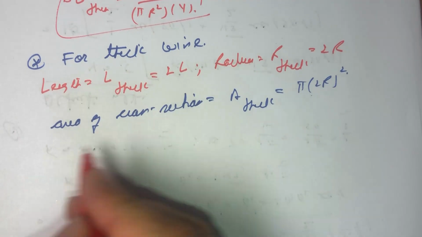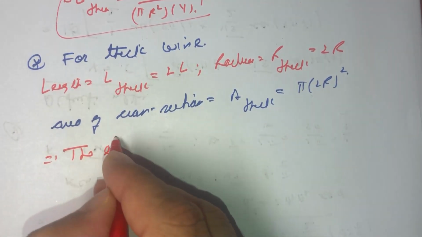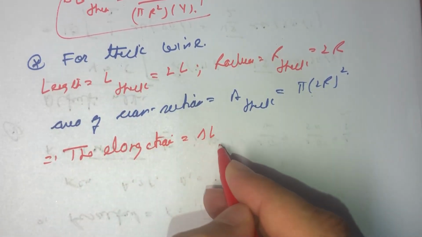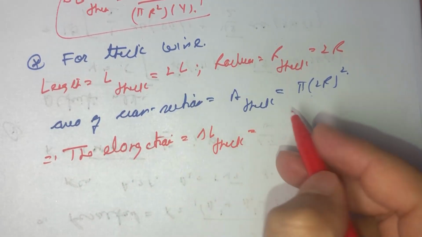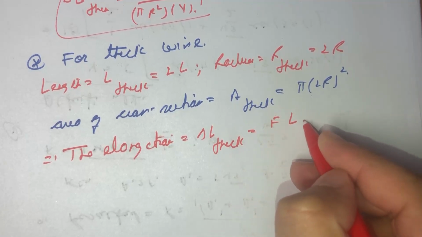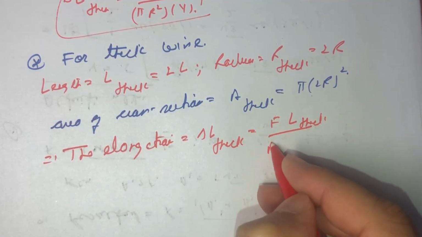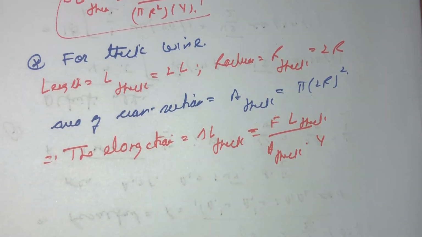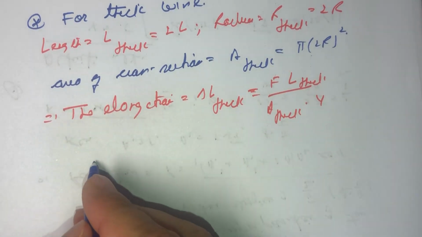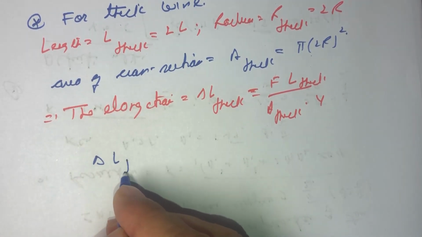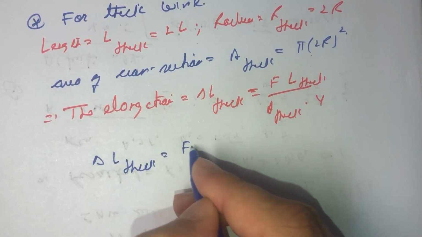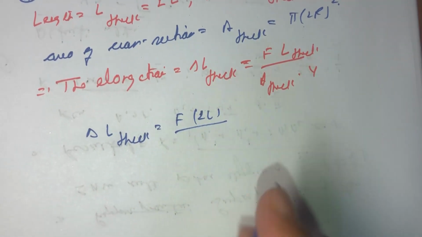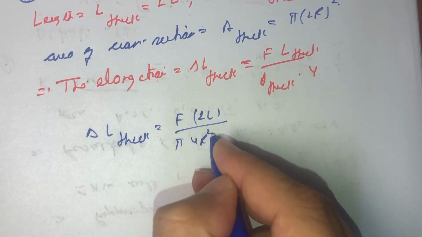So we can say elongation delta L thick will be equal to, force is same, length is L thick, area of cross section is A thick, and Y is same. Substituting the values, we get delta L thick is equal to F multiplied by 2L divided by pi 4R square multiplied by Y.